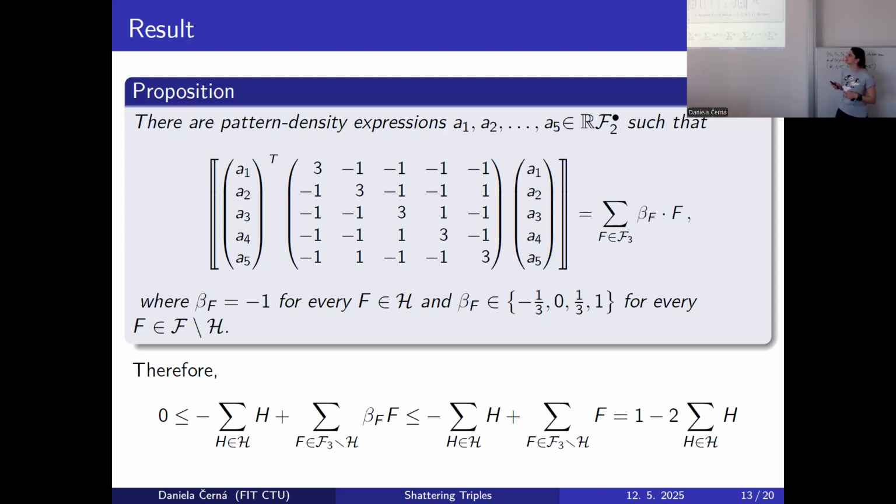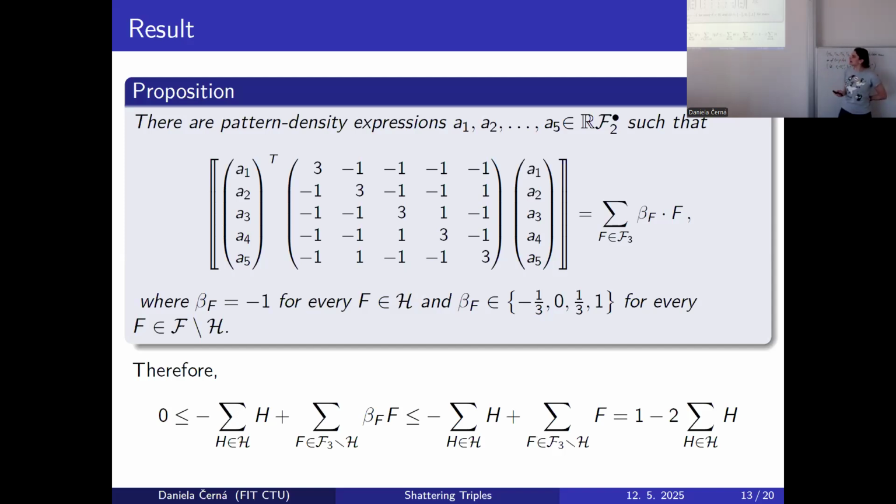And going through the coefficients I have told you during the multiplication, you can find that this is equal to the sum of all 5 tuples of permutations of order 3 with the coefficients beta f, where beta f is -1 for every f we want to see, and something between -1/4 and 1 for every other one.